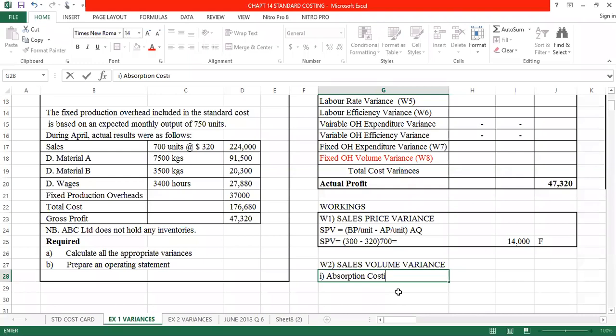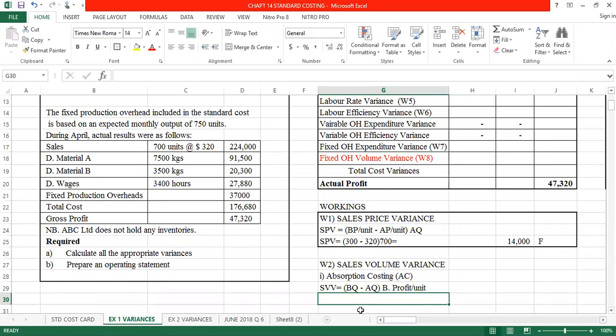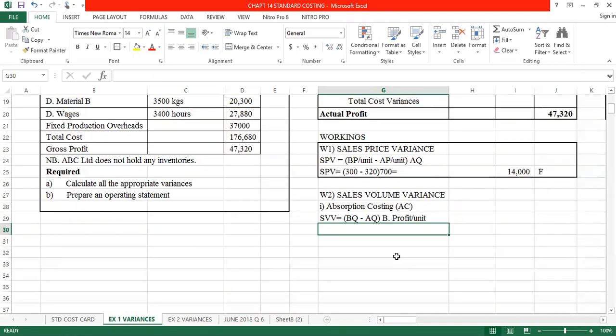Under absorption costing, the formula is sales volume variance equals budgeted quantity minus actual quantity times budgeted profit per unit.